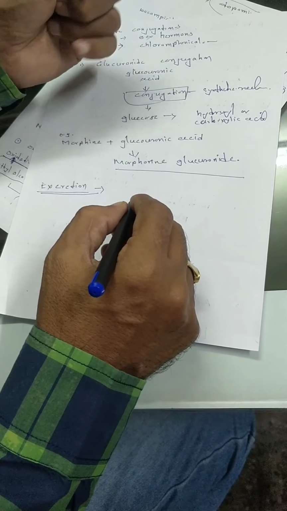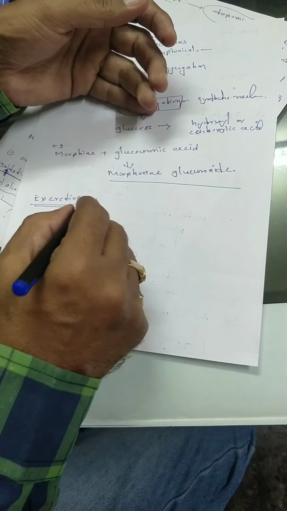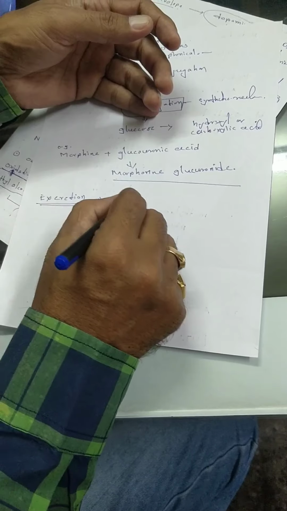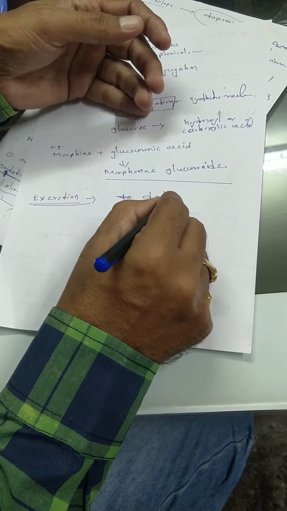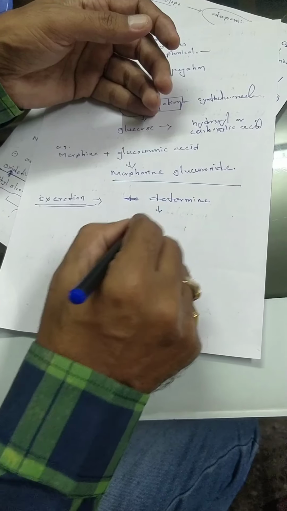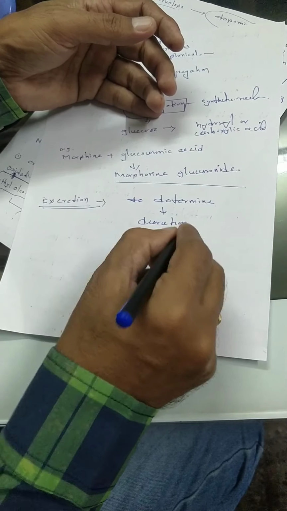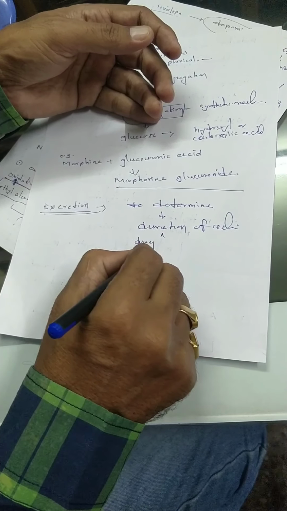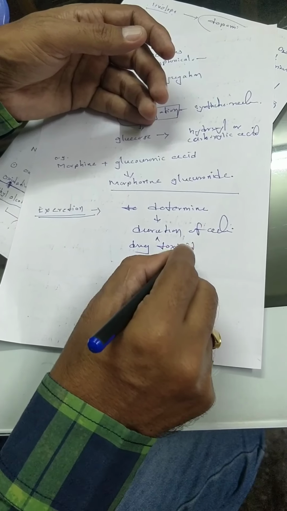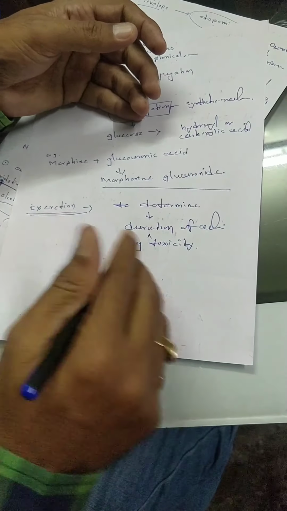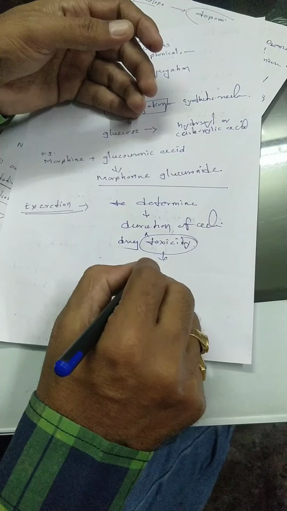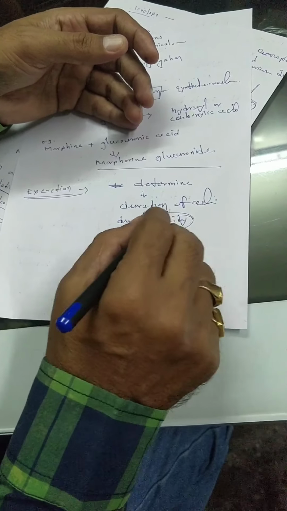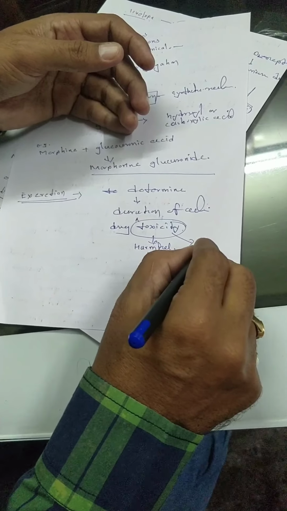Why is excretion important? It determines the duration of action and the drug toxicity, which type of adverse effect it may have. Toxicity is harmful in the body. Sometimes the toxic is called a poison also.